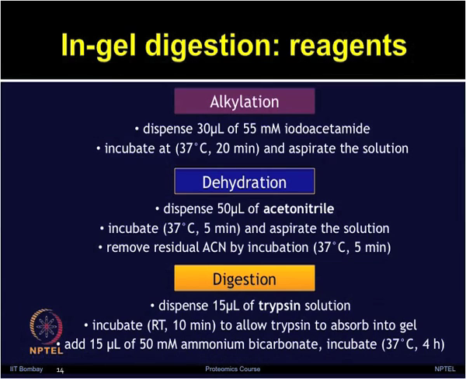Once digestion is done, which is usually an overnight step, one needs to do the peptide extraction of the digested proteins. Peptides generated through the proteolytic cleavage can be extracted by using a recipe including formic acid or trifluoroacetic acid, TFA, in 50% acetonitrile solution.